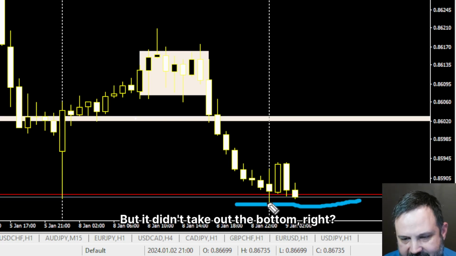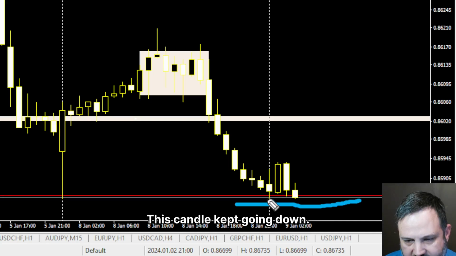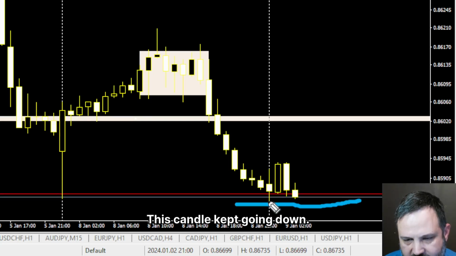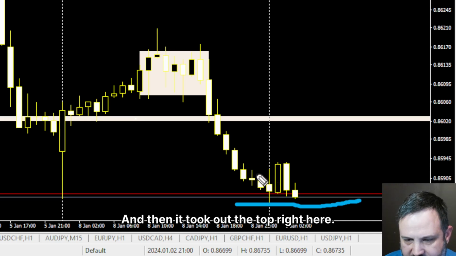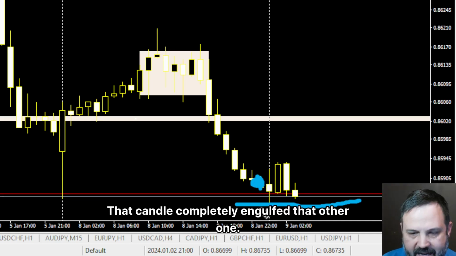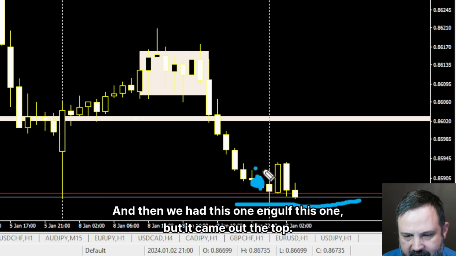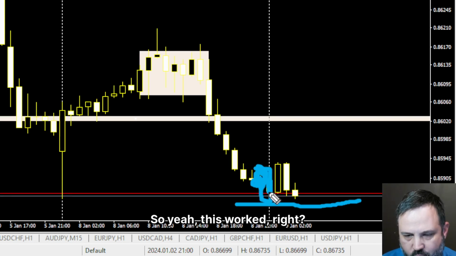See that? But it didn't take out the bottom, right? This candle kept going down, and then it took out the top right here. That candle completely engulfed that other one, and then we had this one engulf this one, but it came out the top. So yeah, this worked, right?